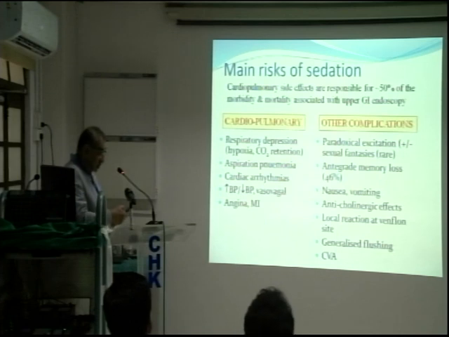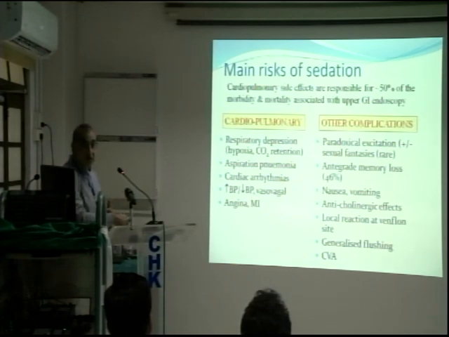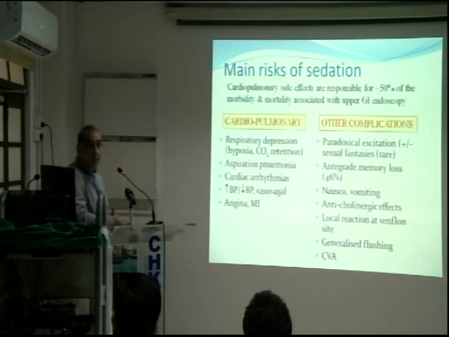Main risk of sedation, as you can see, is they can be cardiopulmonary, which is very evident, and they can be other complications. So the main one that we are interested in is respiratory depression, hypoxia, CO2 retention, depending if the patient has got COPD, aspiration pneumonia because their gag reflex is suppressed.